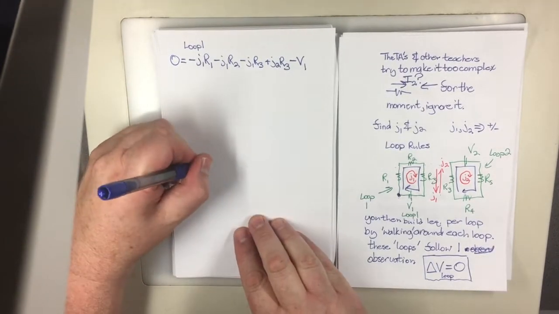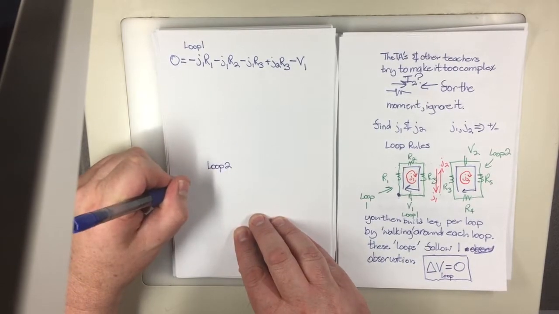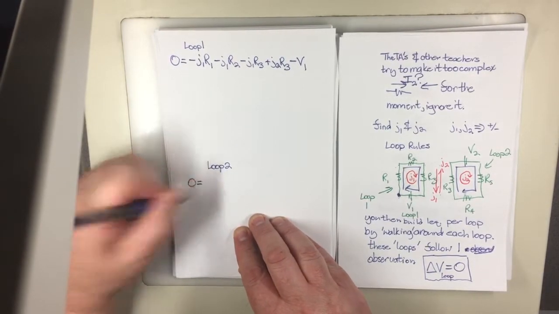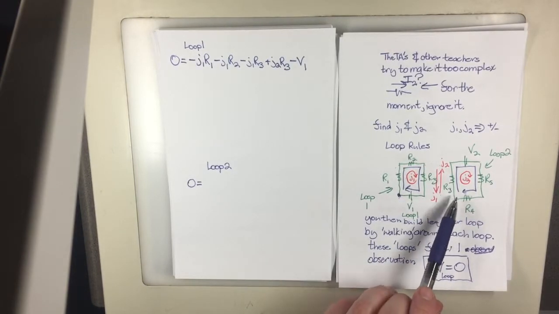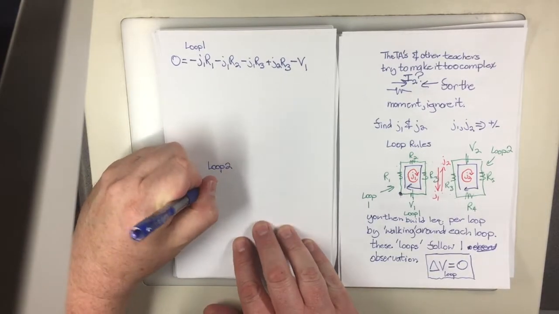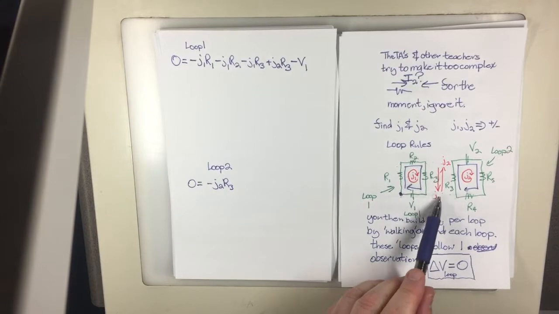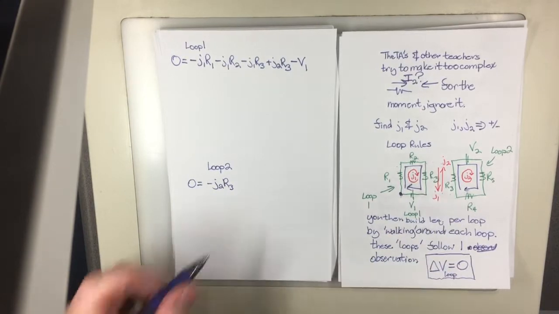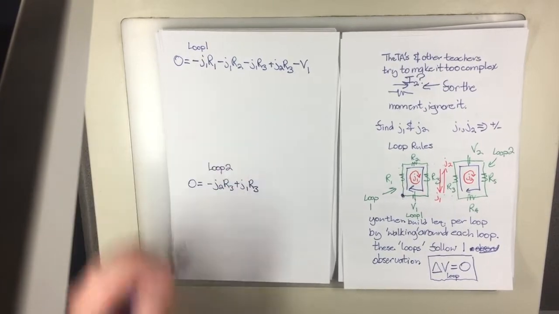Now I'm going to set up loop 2. So for loop 2, start in the left-hand corner and I go with J2 across R3. So minus J2 R3. And I'm going against J1 across R3, so that's plus J1 R3.